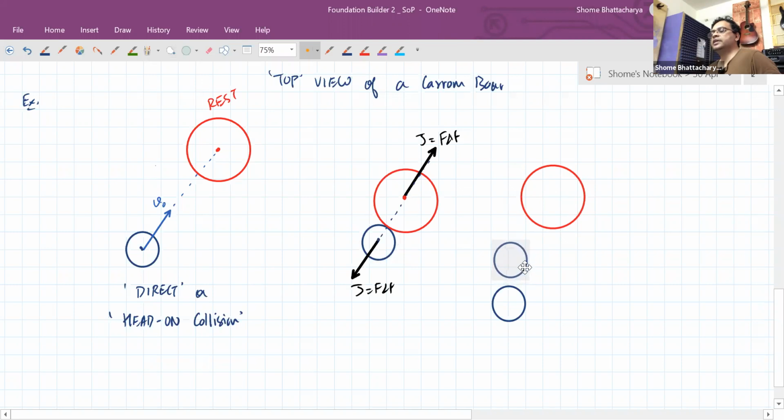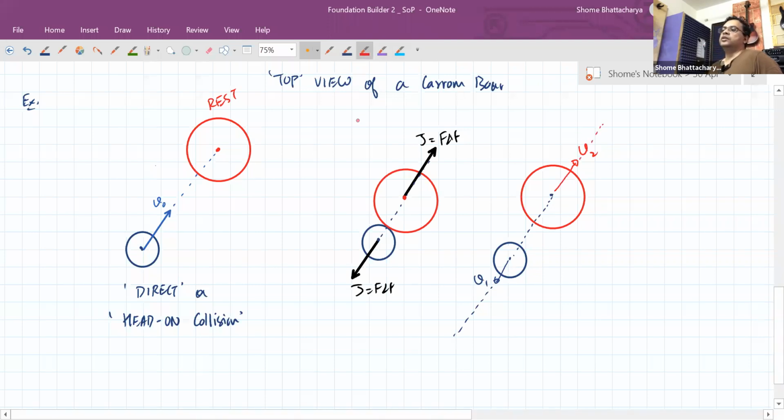You will see that as they separate, especially if I assume that the first object, the blue colored disk over here, is lighter, then we might expect that it will recoil back, but the direction of its velocity will be along the same axis. It's not at some angle. It's at 180 degrees, along the same axis. So that is a head-on impact.